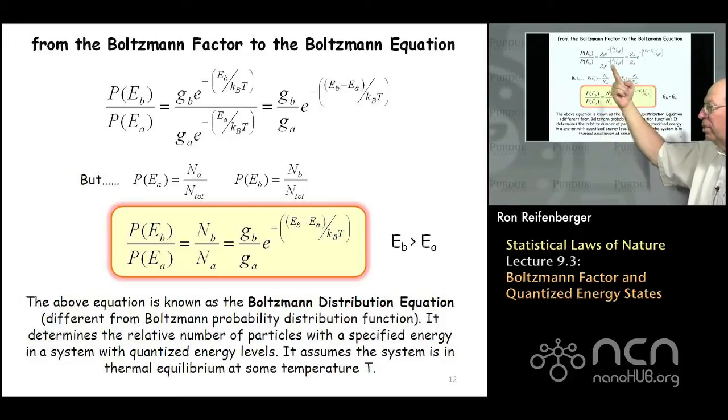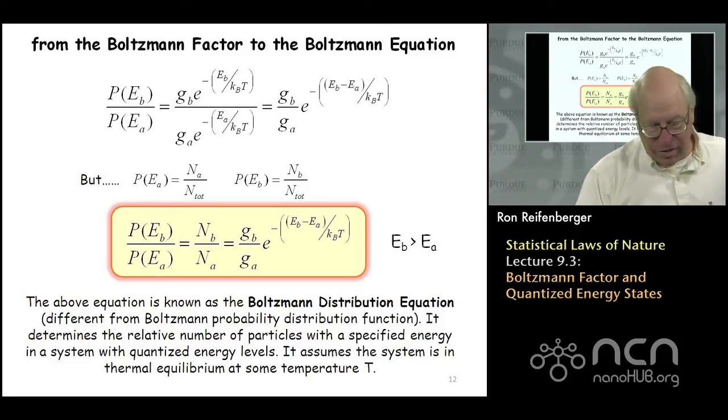And so you can convert this equation into the ratio of the number of particles in energy B compared to the number of particles in energy A. That depends on the ratio of the degeneracies of each energy level, and it depends exponentially on the difference in energy between E sub B and E sub A. And the important feature here is the temperature T. If you know the temperature T of the system and you know the energy difference between the two levels of interest, then you basically know everything over here, and that allows you to predict the ratio of the particles in each of those energy states.